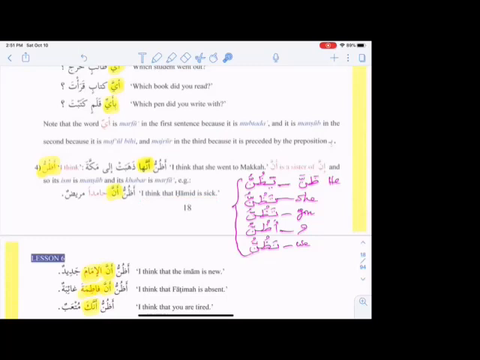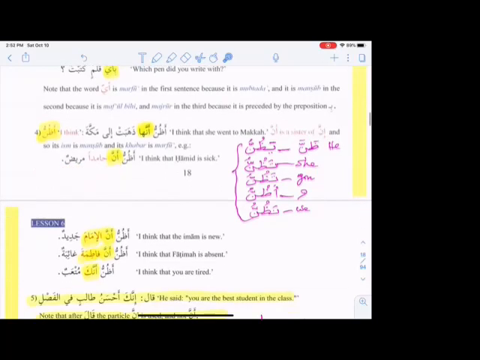So azunnu is one thing. Anna, this is min akhawatu inna. So hamidan is mansub. Why is it mansub? Because it's the ism anna. And maridun is marfu. Why is it marfu? Because it is the khabar anna. So keep that in mind.